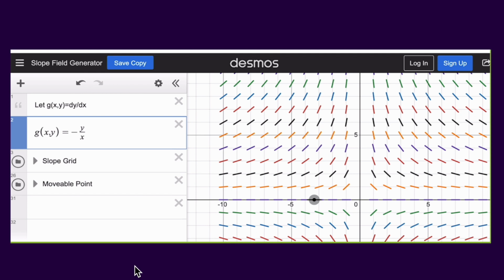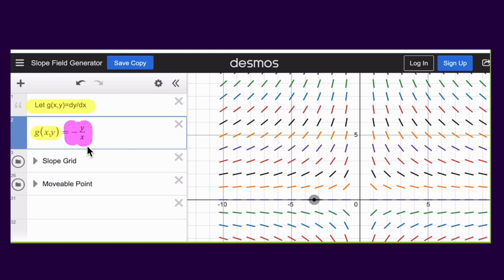Before I forget, I want to show you how to find a beautiful slope field calculator on Desmos. What you do is you Google these three words, slope field generator, and you'll be brought to this Desmos calculator. And here's what you have to enter. You have to enter this first part. This is what I typed: let g of x comma y equal dy dx. And then you have to type this in, g of x comma y, and here is the particular differential function that you wish to have the slope generator.